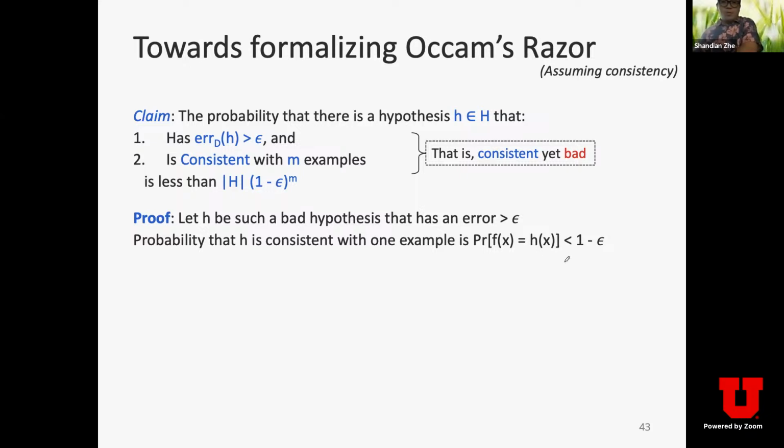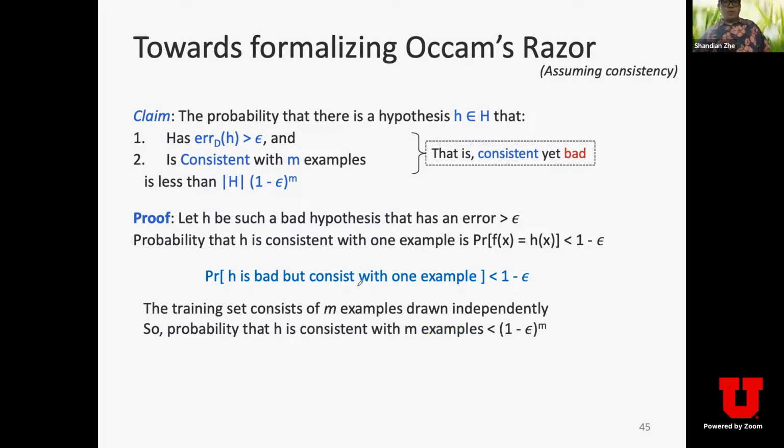Now, because we're assuming that all those M training examples are drawn independently from the data distribution D, the probability that your H can perfectly predict the labels of all M examples will be less than (1 minus epsilon) to the power of M, right?